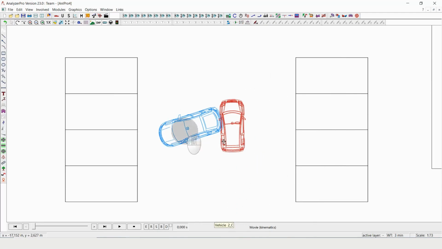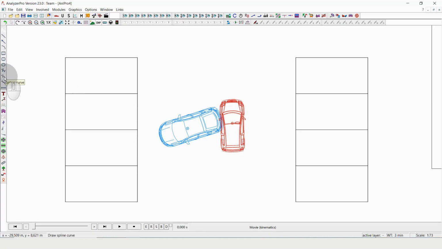We have this parking lot and there was maybe a low speed collision between the blue car that tried to park out here and the red car probably coming from here. In the first step, I'm going to mark a path the blue car possibly could have taken.